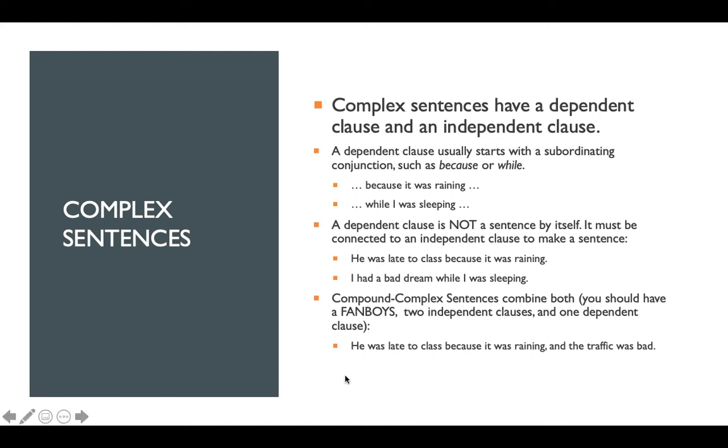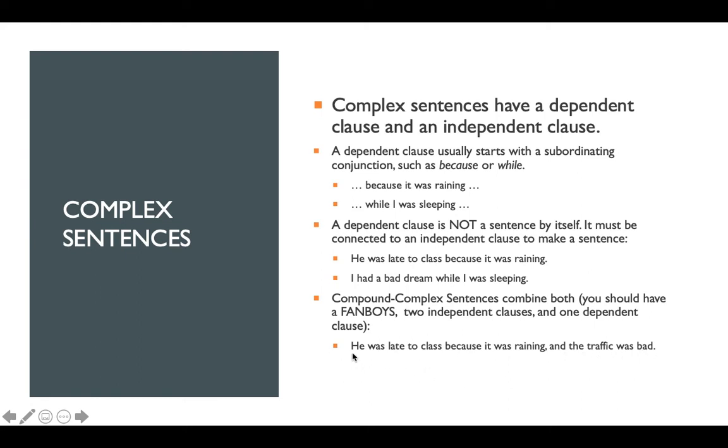Now you can also have compound complex sentences, and they combine both independent clauses and dependent clauses. It's a compound sentence and it's a complex sentence. So you should have a FANBOYS, two independent clauses, and one or more dependent clauses. He was late to class because it was raining, and the traffic was bad.